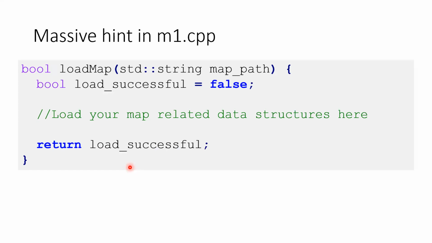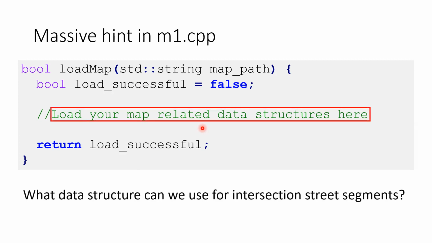So the massive hint is given in m1.cpp in this comment: "Load your map related data structures here." Considering the function we're implementing right now, what data structure can we use for this function specifically?